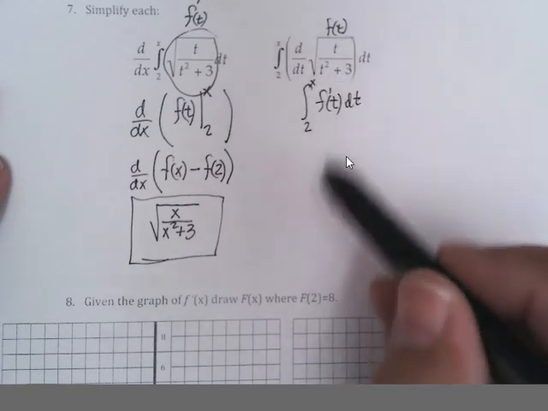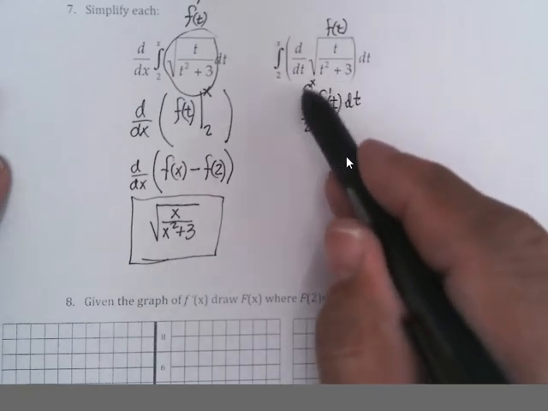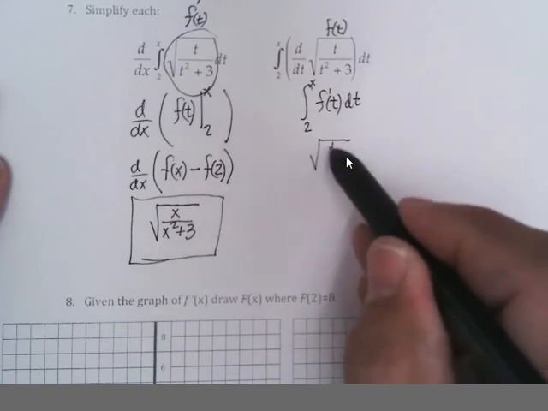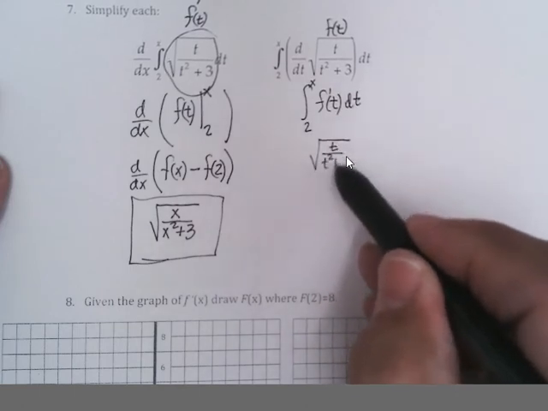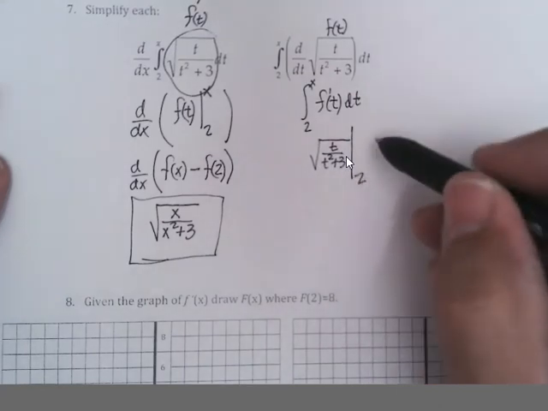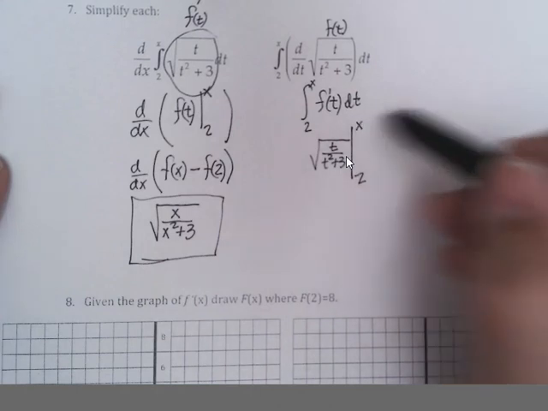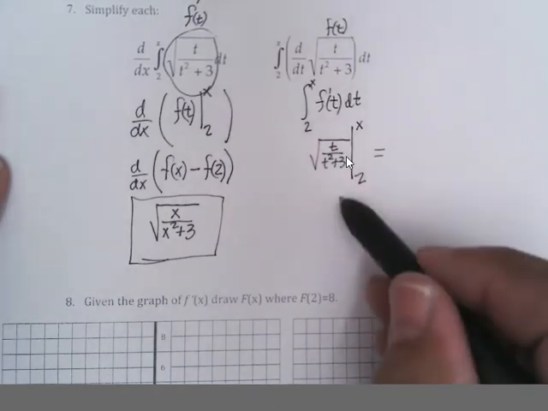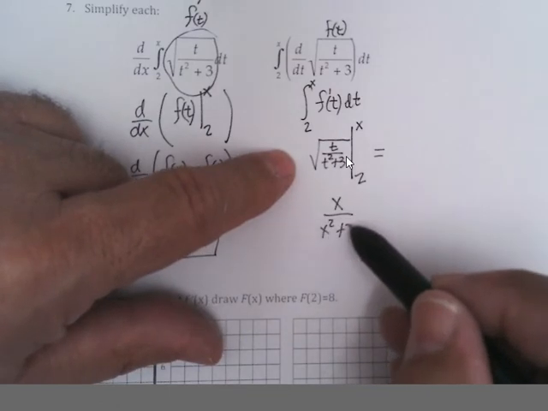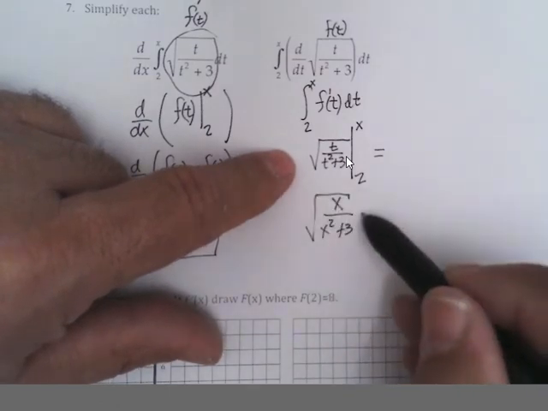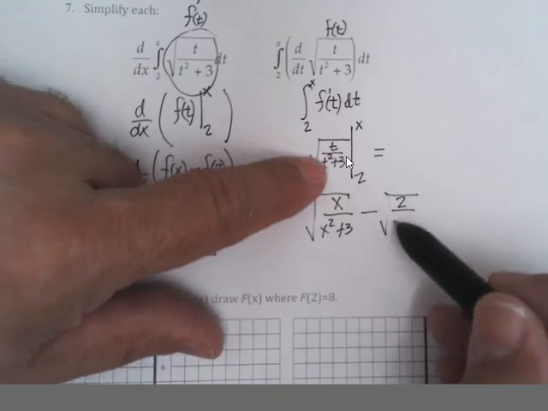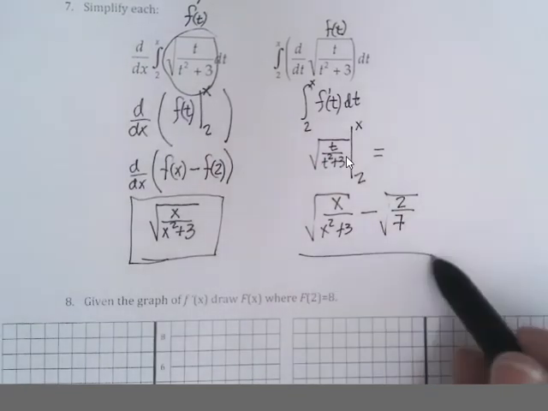Well, that goes back to f of t. So when I do the antiderivative of this, I get t over the square root of t squared plus 3 that I have to evaluate from 2 to x, which becomes x over the square root of x squared plus 3 minus, put 2 in there, and I get 2 over the square root of 4 plus 3, 7. And there's the answer to that.